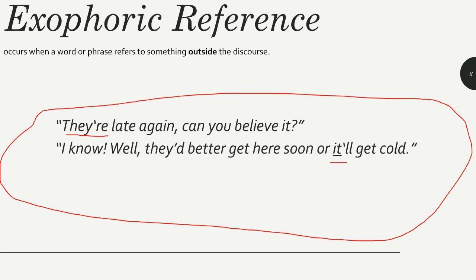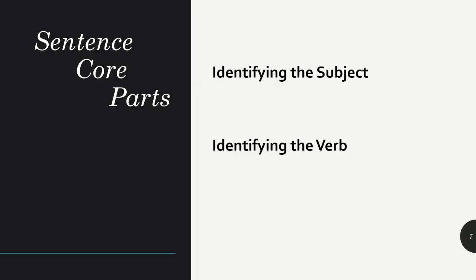Okay, it was the last part of the reference, and we will go next to sentence core parts. In sentence core parts, if you want to understand, we have to identify the subject and identify the verb, because core parts are divided into subjects and verbs.